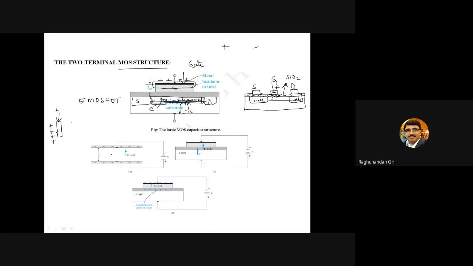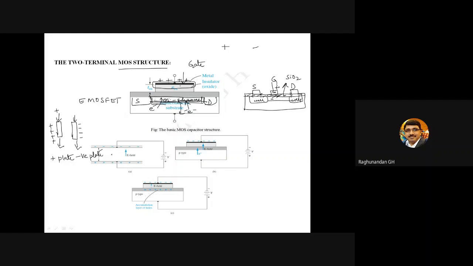And I'm going to take one more layer and feed it with negative charges. Now, can I consider this as a positive plate and this as a negative plate? Yes, sir. We can consider, right?